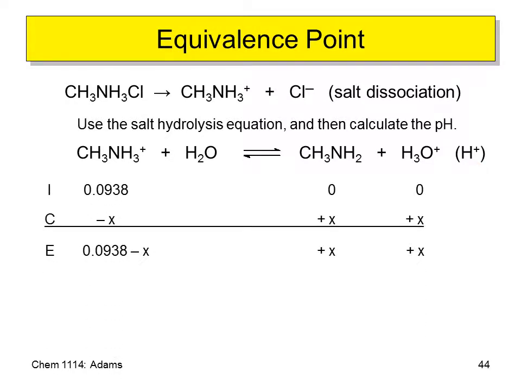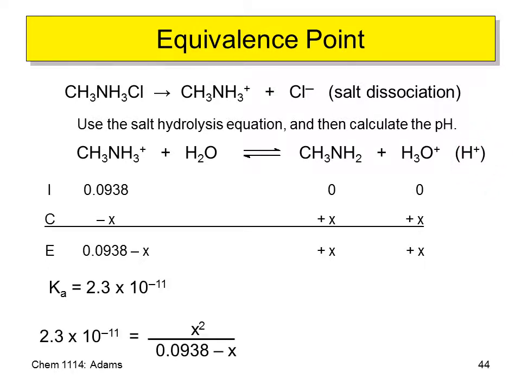Again, at the equivalence point, this is a very simple molarity table. The only thing present is the salt. You've got your 3 x's, the changes, and your equilibrium value. We're going to set this equal to the Ka now because we see H+ in the products.